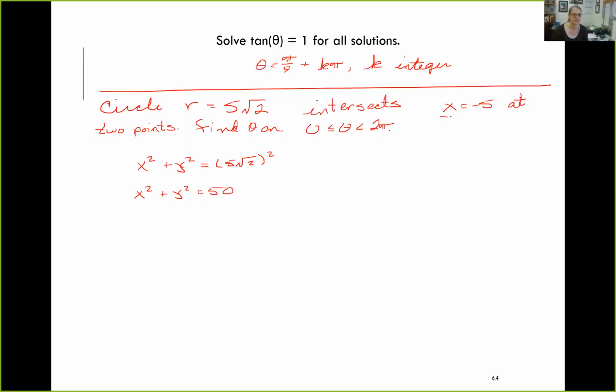We know the x is -5, so we're going to plug in -5. So 25 plus y squared equals 50, and y squared is going to equal 25. So y is positive and negative 5.